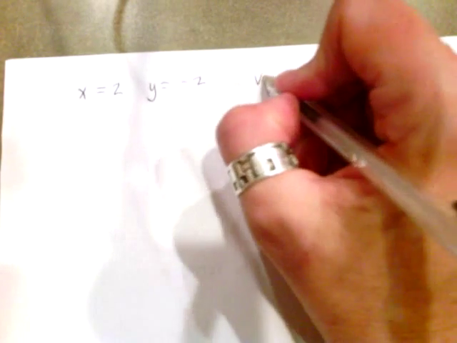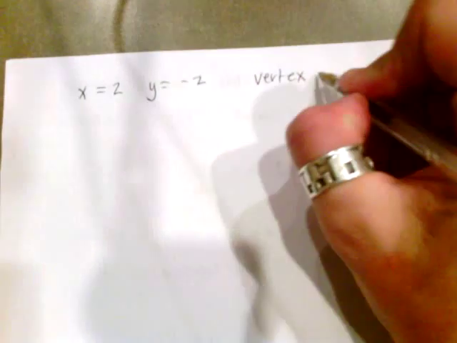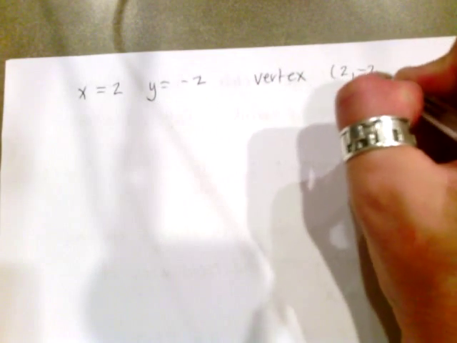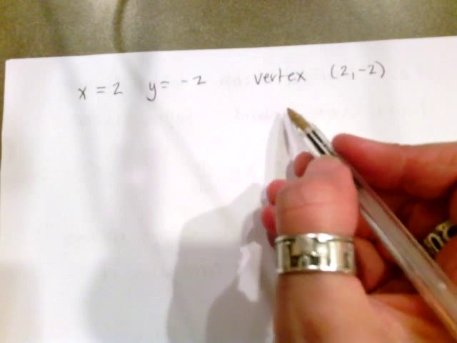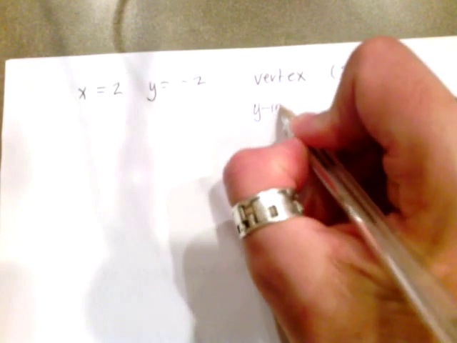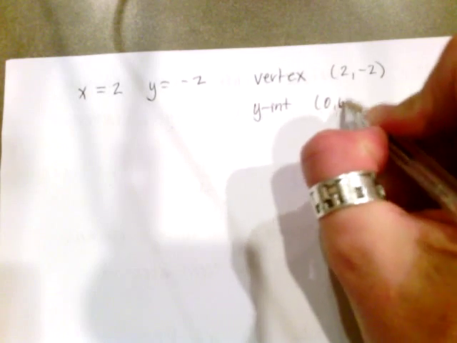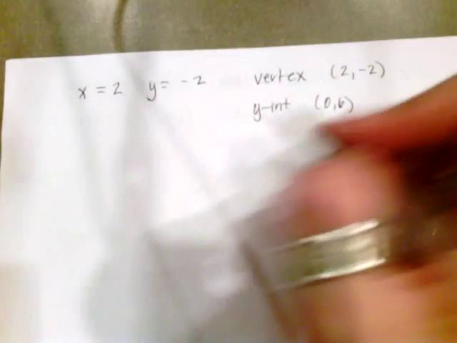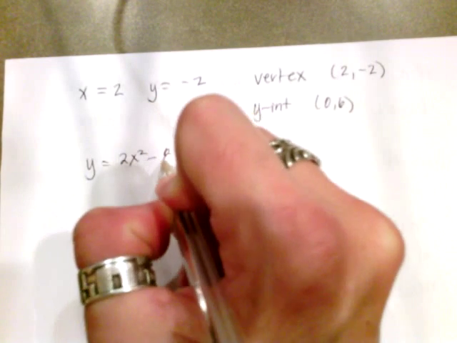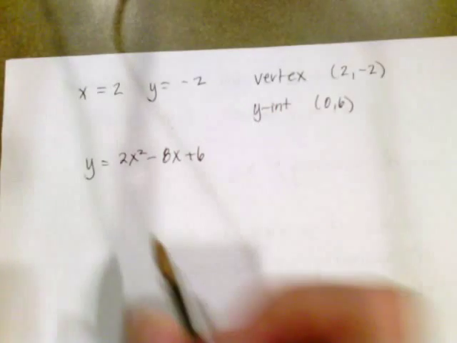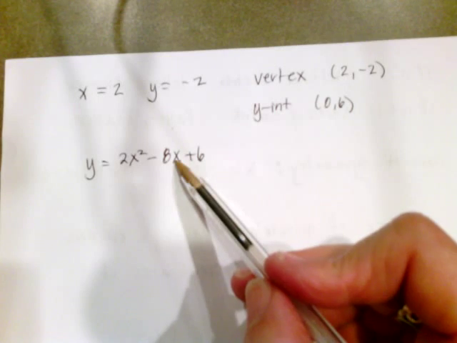So that means that my vertex of the parabola is going to be 2, -2. And I'll go ahead and rewrite everything so we're on this page. I know that my y-intercept was 0, 6. And then my equation was y is equal to 2x squared minus 8x plus 6. So this is all of the information that we have.